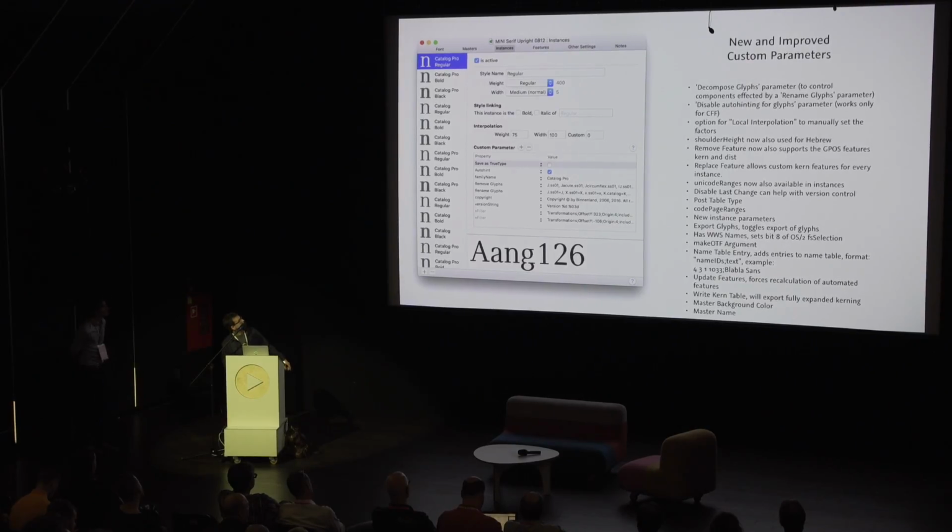Maybe one thing, the third one from top: we can locally interpolate. We can have different interpolation coordinates for a group of glyphs at export time. So if you always find that in the medium, the lowercase g looks a little bit too light, well, we can interpolate the lowercase g differently.